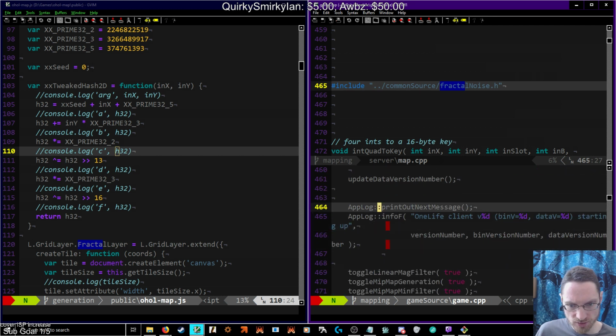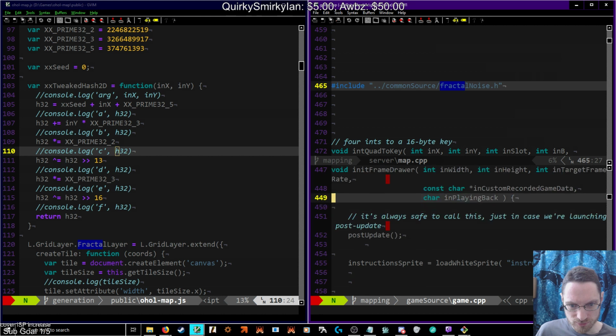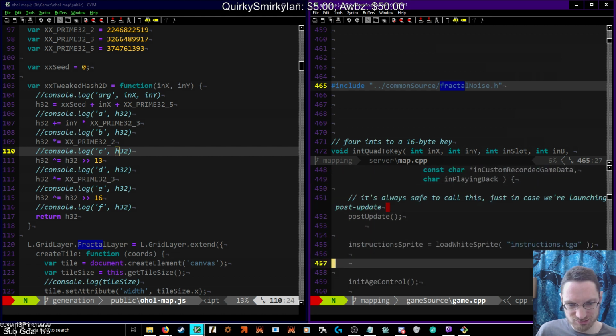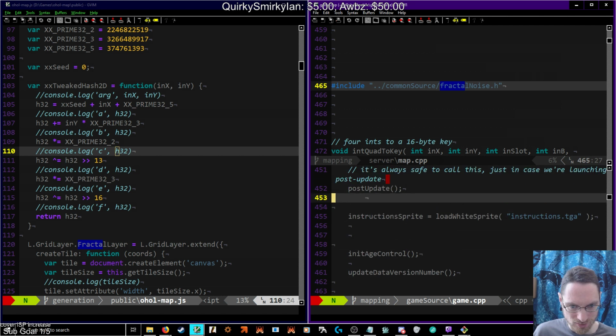Actually, applog is already printing out the next message. I kind of need something I can print anywhere. So unfortunately, it's going to go to the other log.